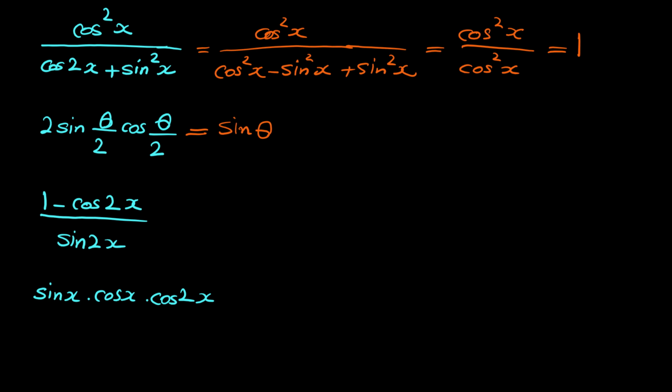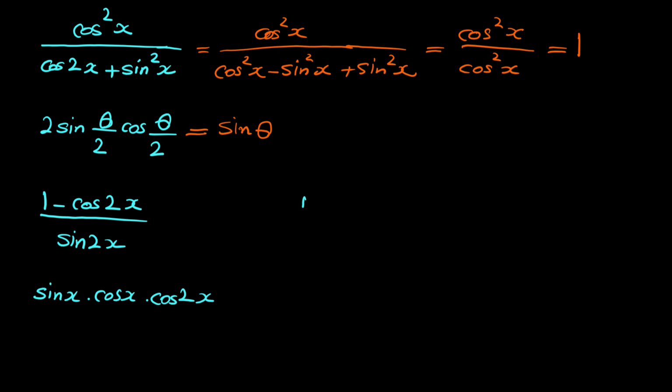1 minus cosine of 2x all over sine of 2x. If you pay attention, here the angles are the same. So we have no reason really to use double angle identities here. But the problem is that if we don't want to use double angle identities, we have no formula from basic trigonometric identities to simplify this.